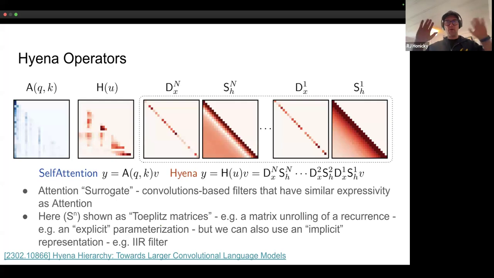So now here's a gear shift with no clutch. I'm going to switch to the main mechanism by which this model is able to do efficient inference on very long context.